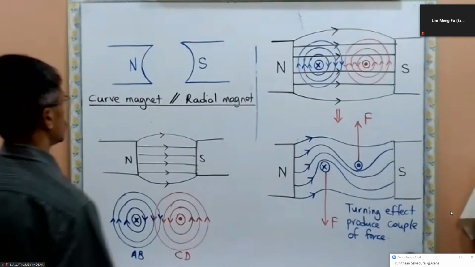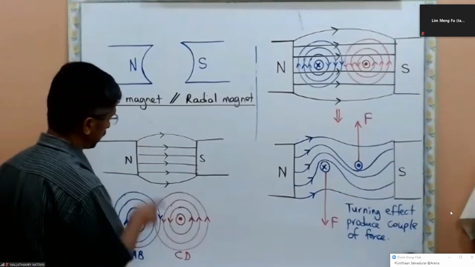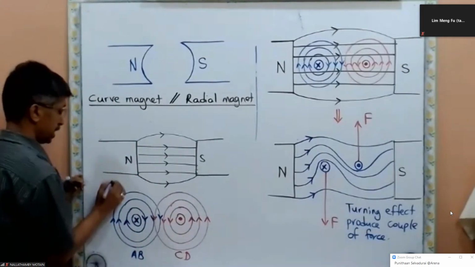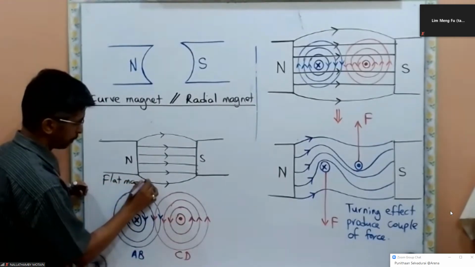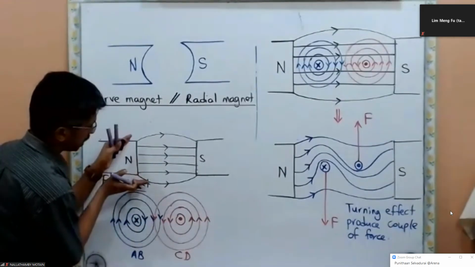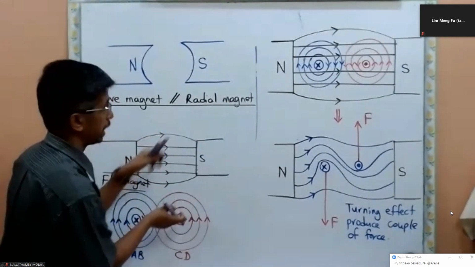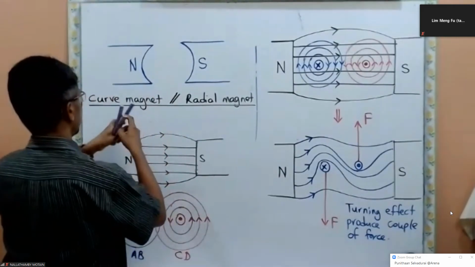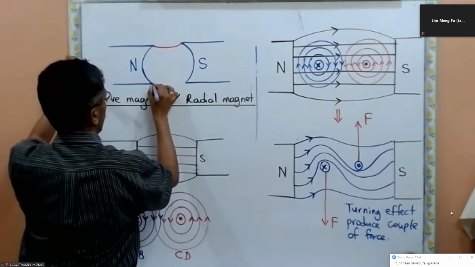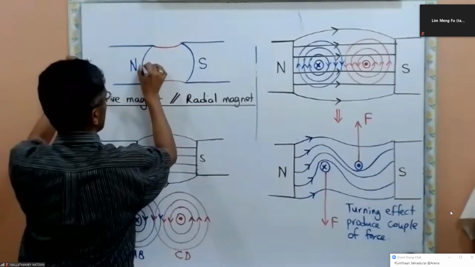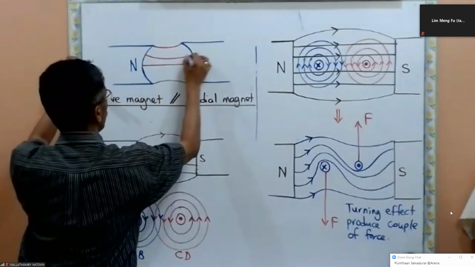Okay, so if it's a curved magnet, what happens here? If it's a flat magnet, this one is a flat magnet, it will produce a magnetic field that curves outward. But here, the magnetic field will curve inward. It does not go outward.